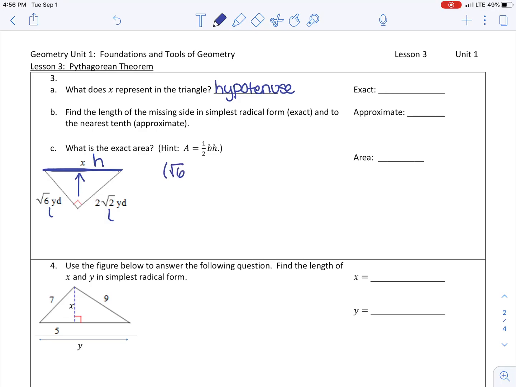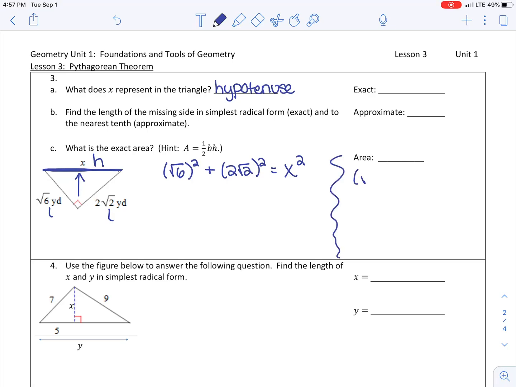So let's say root 6 squared. Then we have plus our other leg squared is equal to our hypotenuse squared. Okay. So we've been talking about how to square radicals like this. So I am going to do this off to the side.